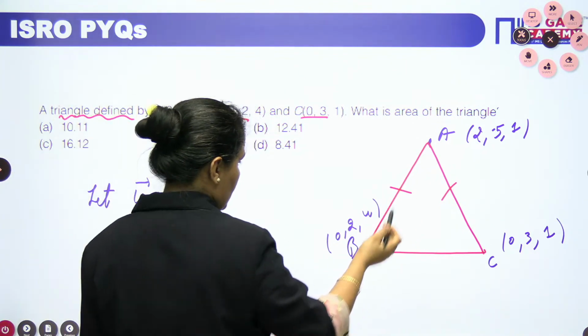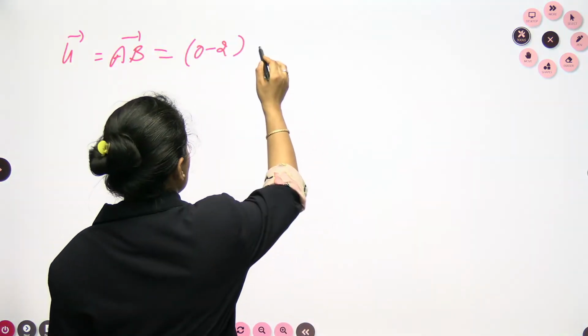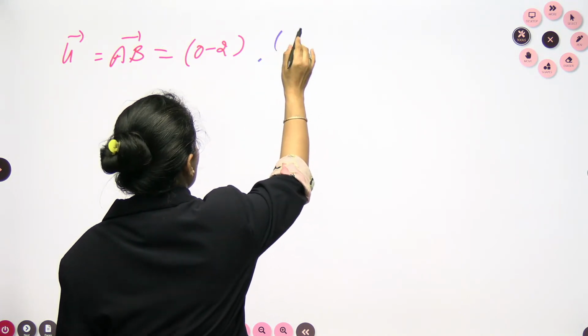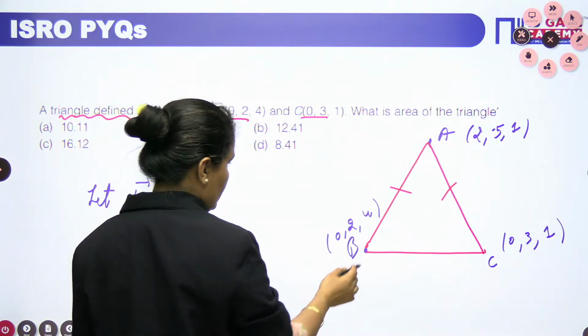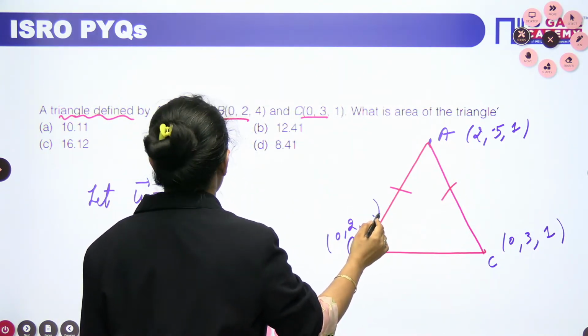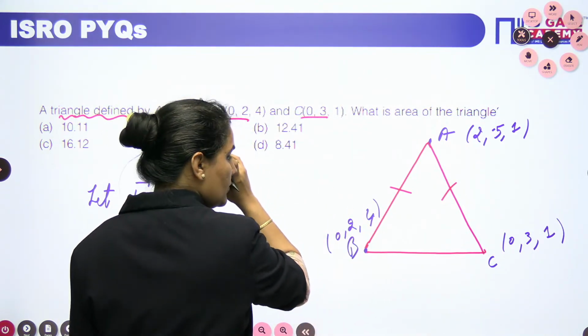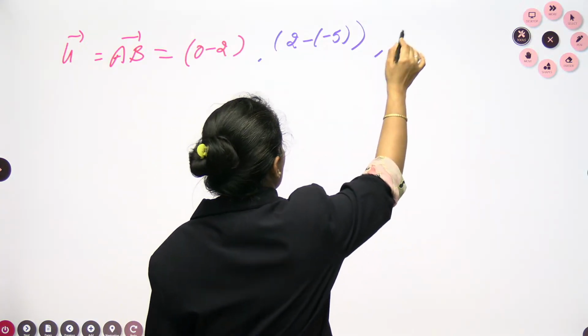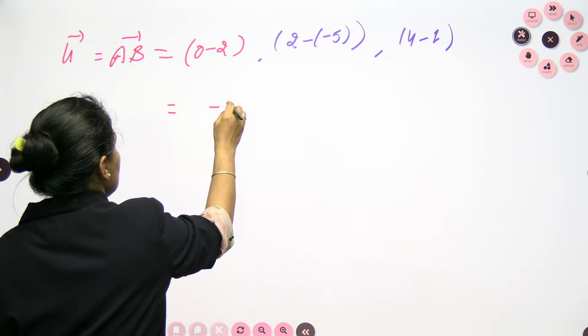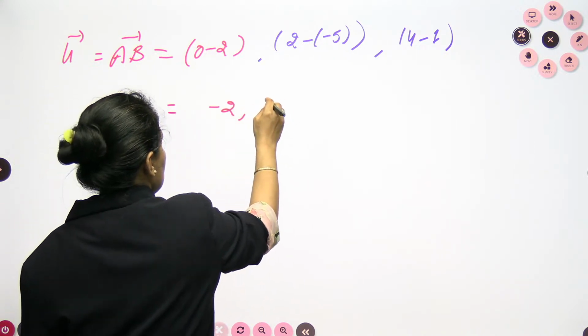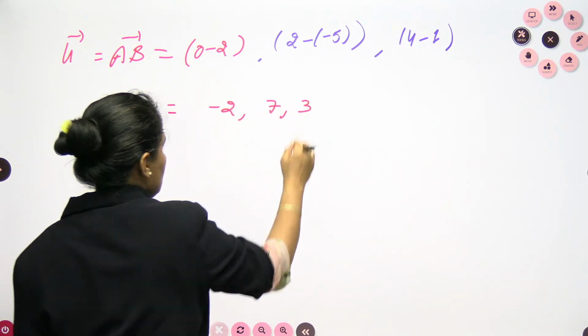Next will be 2 minus minus 5, the second one, and the next one is 4 minus 1, since this is 4. So the coordinates of AB will be minus 2, 7 and 3.